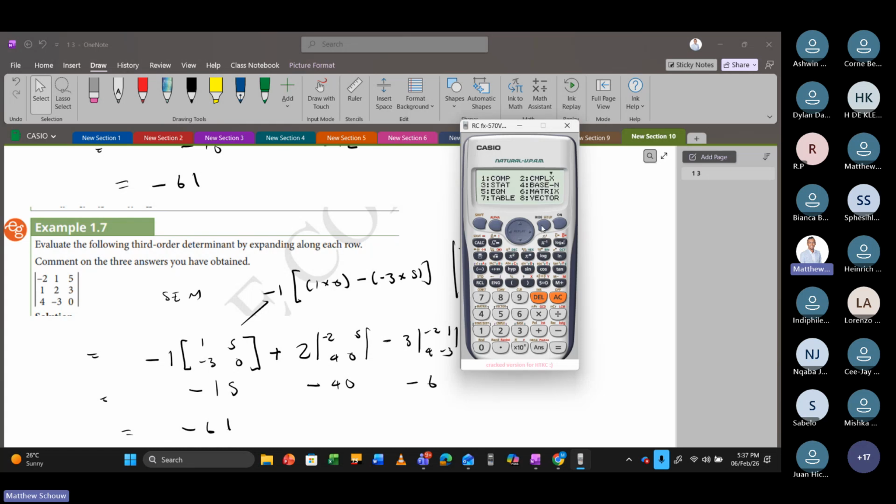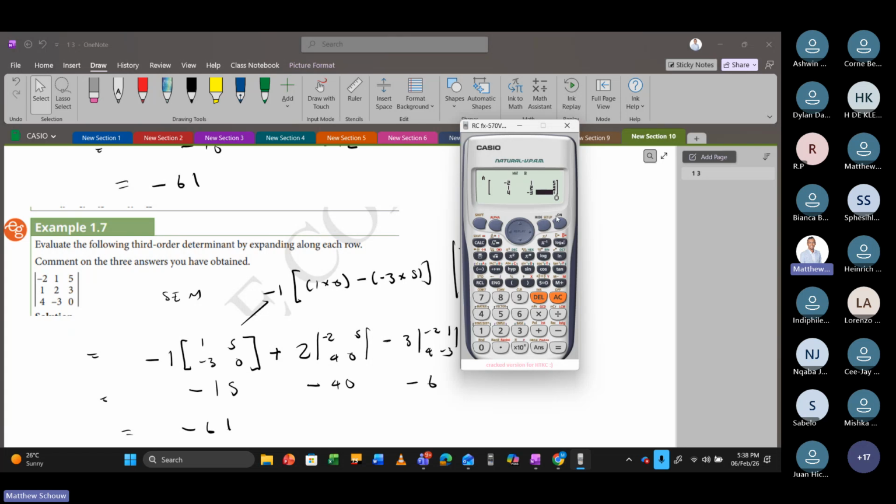So I go mode, I go to matrix, choose 1 for matrix A, and I'm going 3 by 3. So I just type in that matrix as is: -2, 1, 5, 1, 2, 3, 4, -3, and that's 0, right?